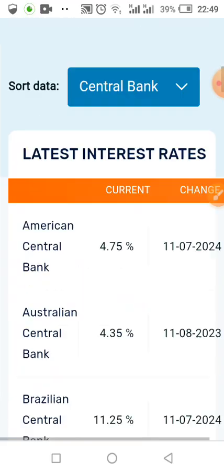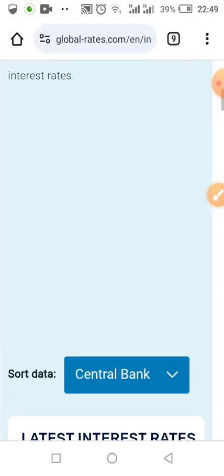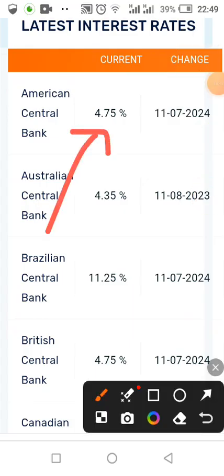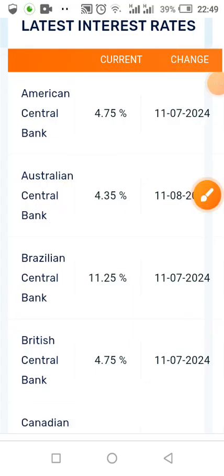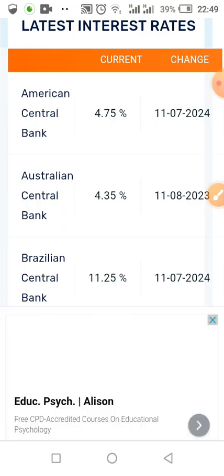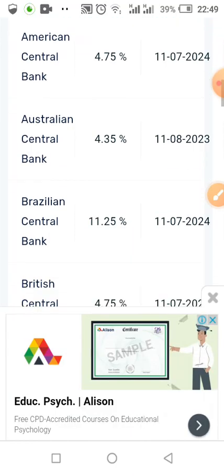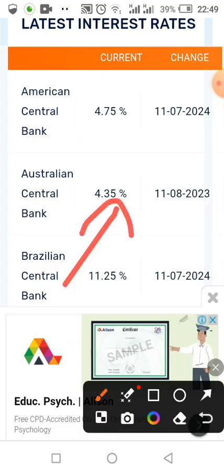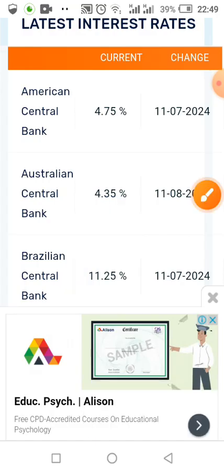So let's say, for example, the American bank, this is the interest rate, 4.75% for the US dollar. And then if you can see the Australian Central Bank below it has a lower interest rate of 4.35%.